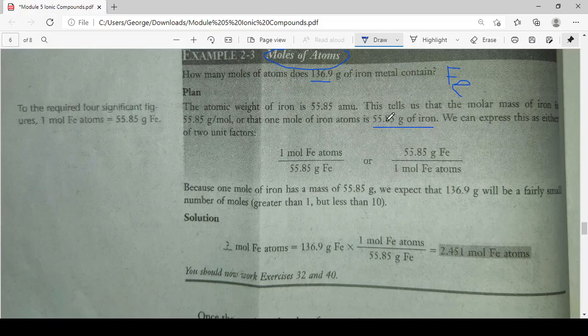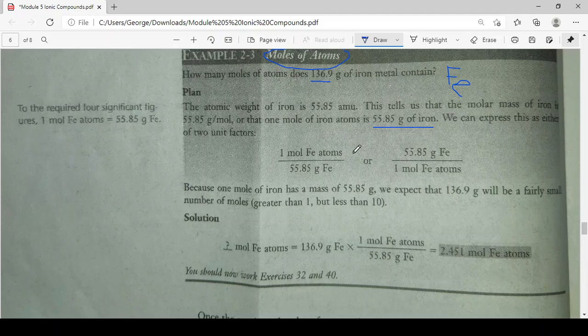Again, you can see the 55.85 grams for iron in the periodic table, okay? Then the given mass is 136.9 grams. So the question is, how many moles do we have in 136.9 grams of your iron? We can express this by either of two unit factors.